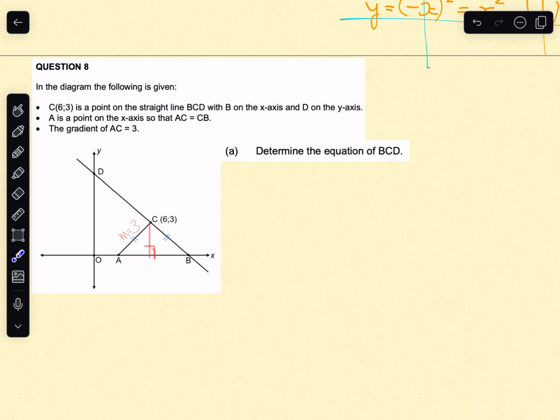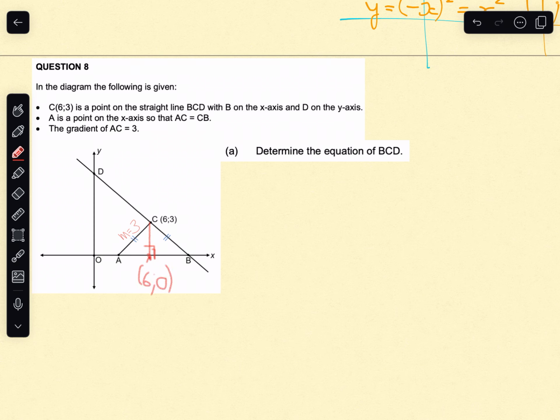So how can this be useful to us? Well, maybe it's useful because we know that this point over here will be (6, 0), right?